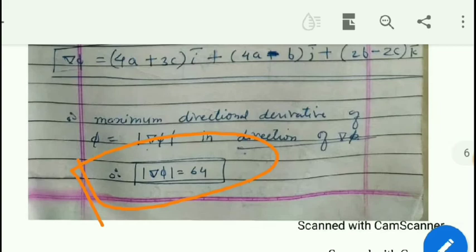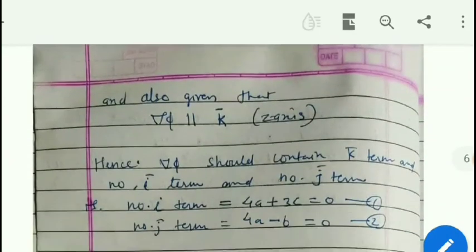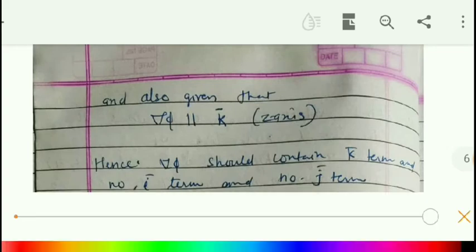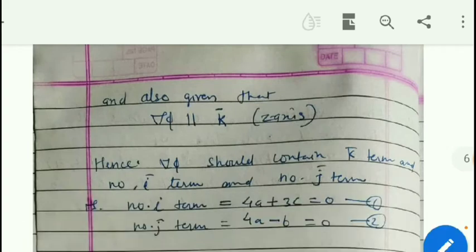The value of mod del phi equals 64 is given, and it is also given that del phi is parallel to the z axis. So del phi is parallel to the z axis means del phi should contain k terms and no i terms and no j terms.